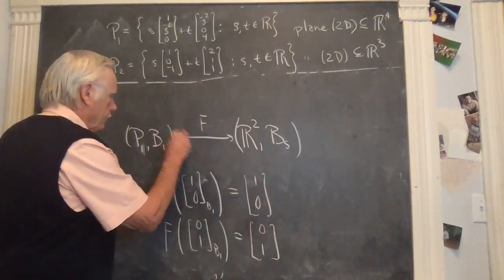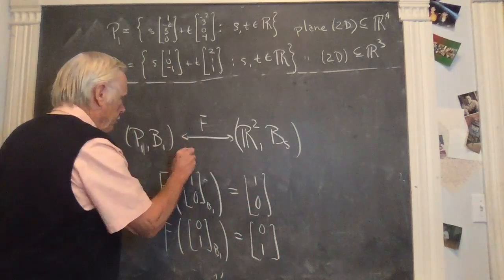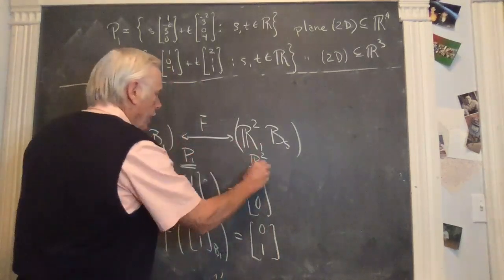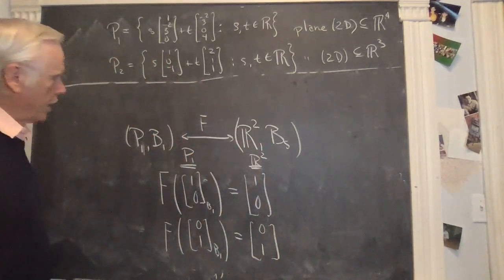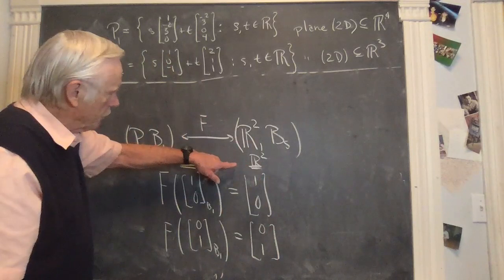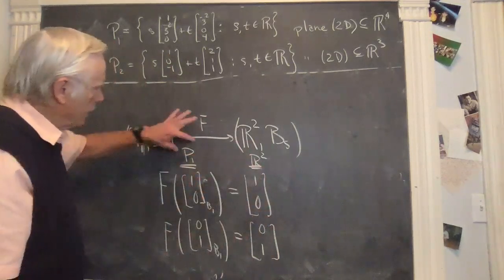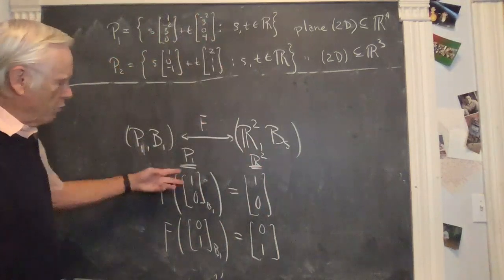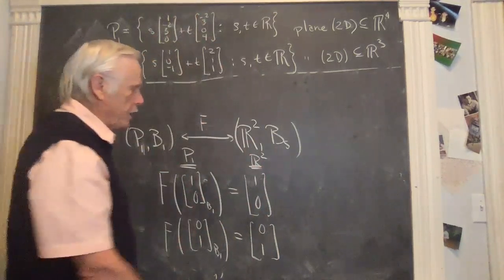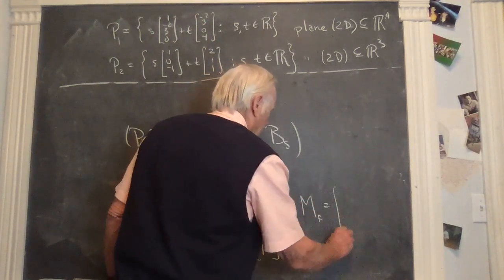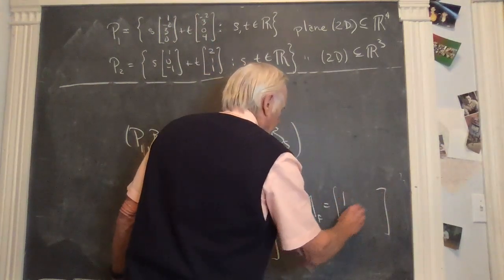So this is all happening in the plane P1, and this is all happening in the standard plane R2. Now, P1 is not equal to R2. R2 is a standalone plane. This is a plane that happens to be embedded in R4. But this relationship, the matrix representing F, is the identity matrix.